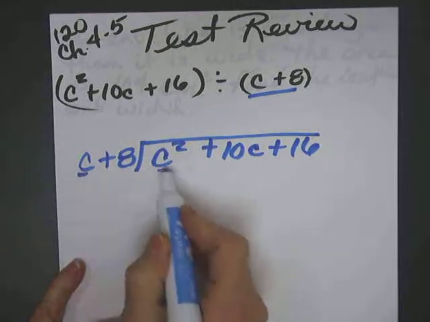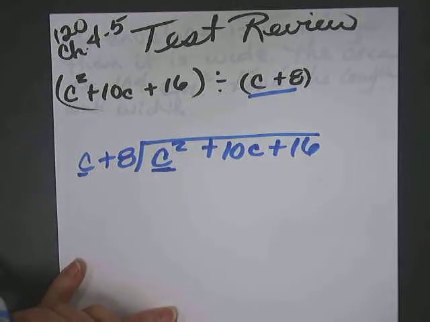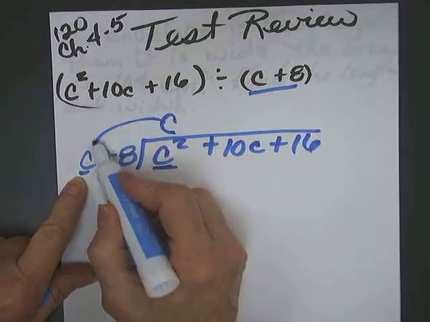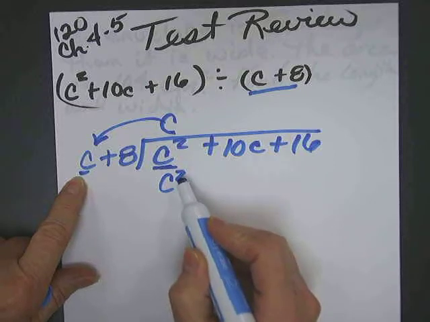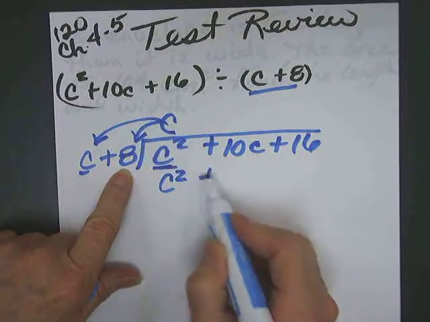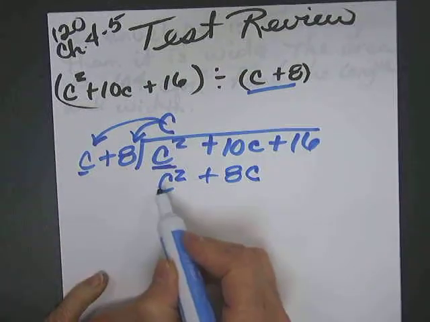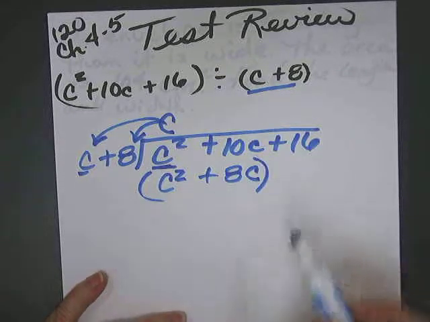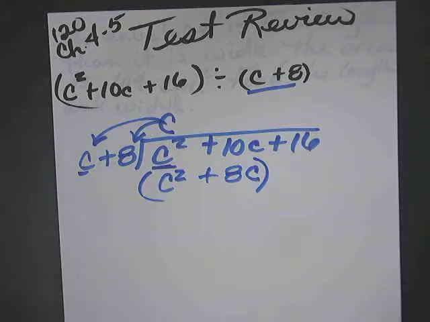Okay. How are we going to get that first term? C times C gives us c squared. Multiply, plus 8c. What are we doing here? We're subtracting, right? Show your subtraction.